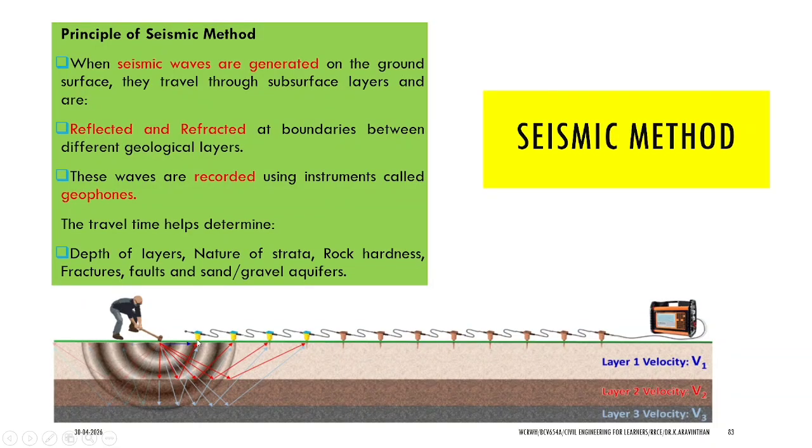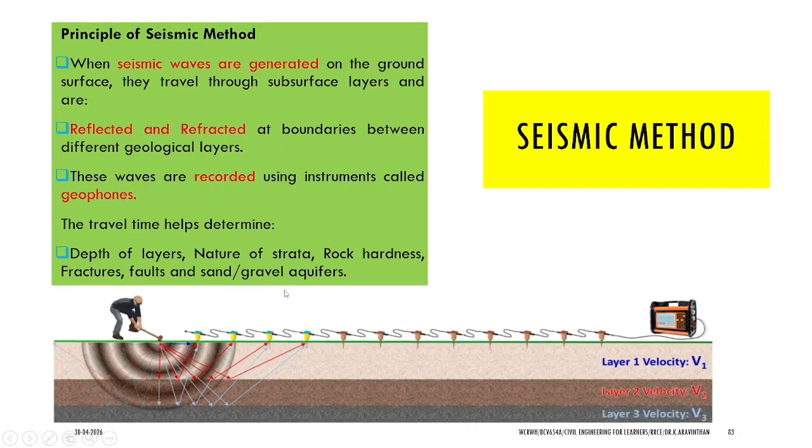So, these are called geophones, and this helps to identify the depth of layers. According to the depth, the sounds will differ. If you strike every material, the material has a different sound. If you strike glass, it has a sound. If you strike a rock, it has a sound. The same way, different materials have different sounds. So, their propagation of sound waves is different.